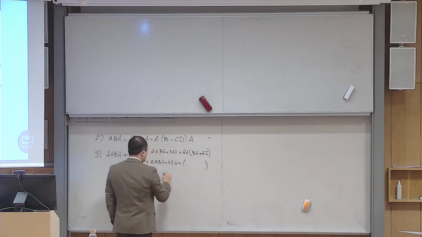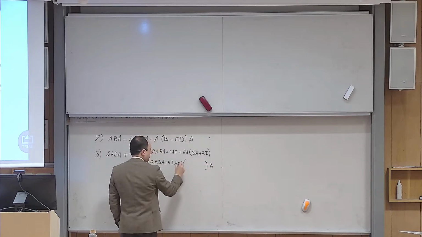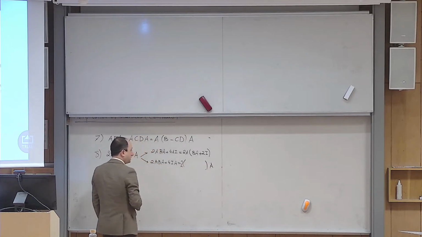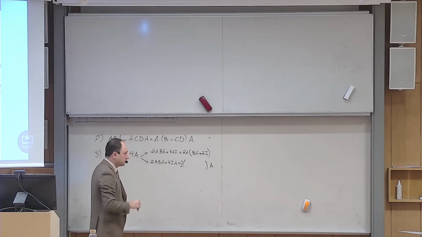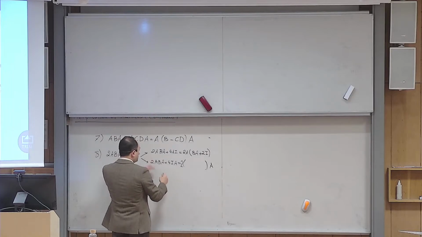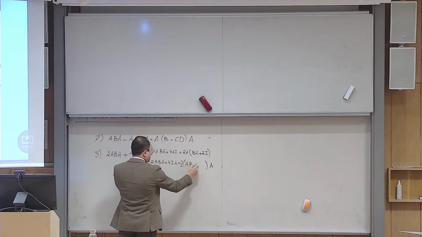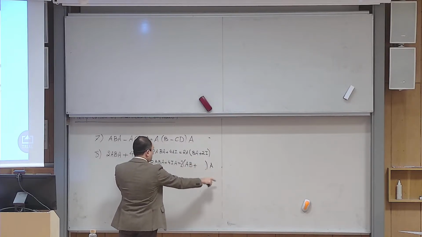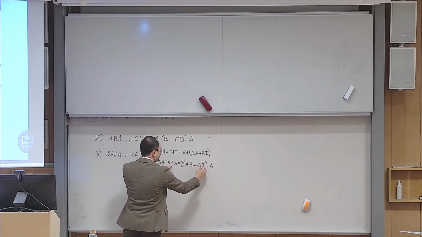Usually we write numbers on the left, so I want to respect that here as well. Numbers can float around, it doesn't matter. So 2 is pulled out, and AB is left. And then you have plus, A is pulled out from the right, 2 is pulled out here, 2I is left.